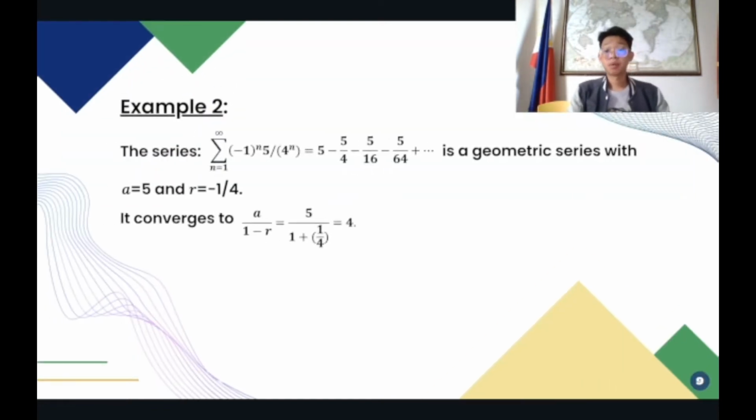The next example, the series, the sum of minus 1 to the power of n times 5 over 4 to the power of n from 1 to infinity, equals 5 minus 5 over 4 plus 5 over 16 minus 5 over 64 plus ..., is a geometric series with a equal 5 and r equal minus 1 over 4. It converges to a over 1 minus r equals 5 over 1 plus 1 over 4 equals 4.